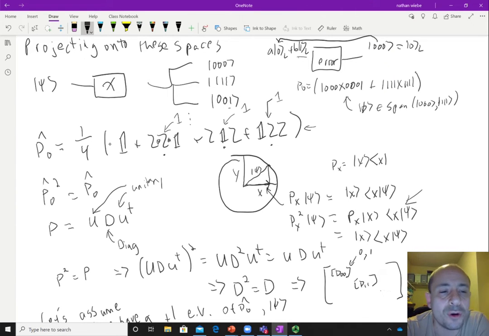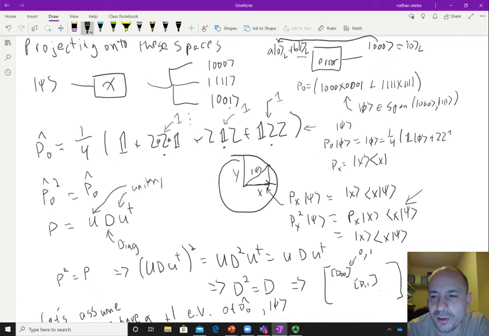So what that means is, in order for us to attain a +1 eigenvector, when this thing is acting on a state phi, P_0 phi is equal to phi, and that's equal to 1/4 of identity phi plus ZZI phi plus ZIZ phi plus IZZ phi.